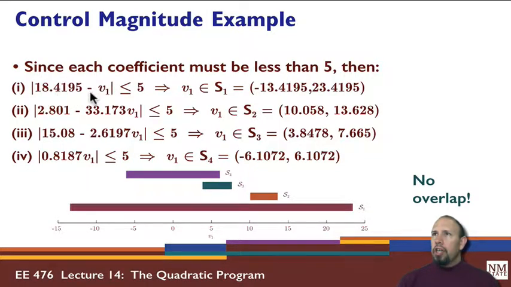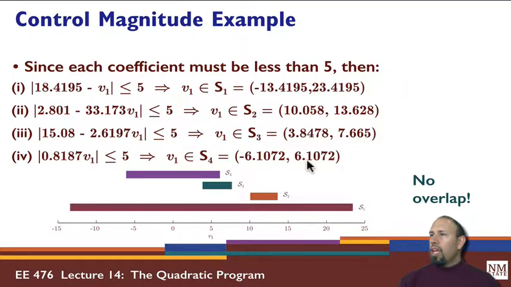Notice all of these inequalities are only a function of v1. This one says that v1 must be in the set between minus 13 and 23. This inequality says that v1 must be between 10 and 13. This one says v1 must be between 3.8 and 7.6, and this inequality says that v1 must be between minus 6 and 6.